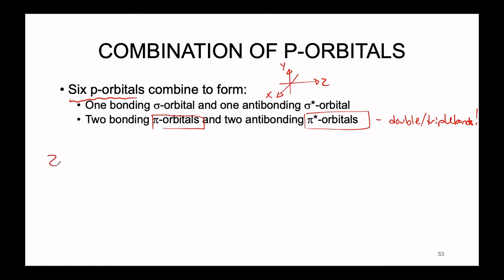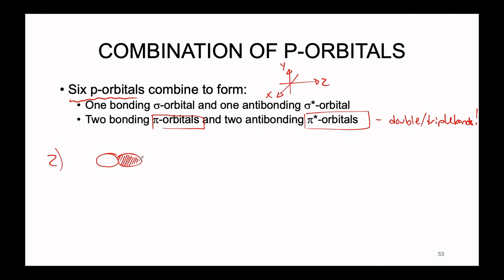So for instance, let's say we're looking at the Z direction first. Well, the pz orbital on one atom is going to be arranged like so. It's just going to be laying down following this axis that I've illustrated up above. One lobe of the orbital will be of one phase, and the other lobe will be the other.